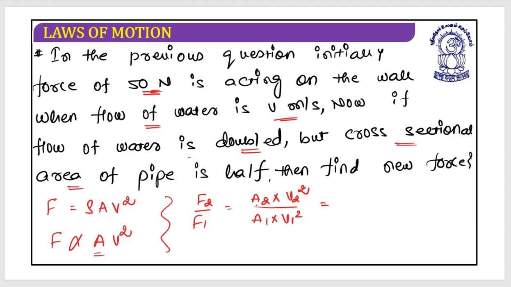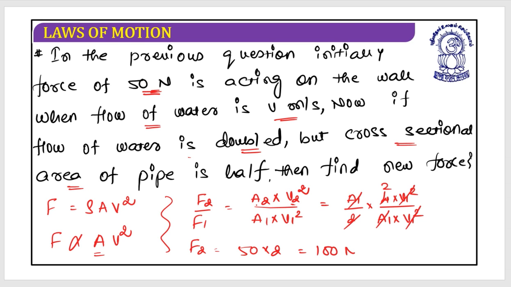The new cross sectional area A2 would be half, A1 by 2, multiplied by V2. The new velocity would be double, so it's 4 into V1 square, divided by A1 into V1 square. So this V1 square has gone, this gone, these are 2 2s. So F2 should be equal to 50 into 2, which could be written as 100 Newton. It's 100 Newton. I hope those things are clear.